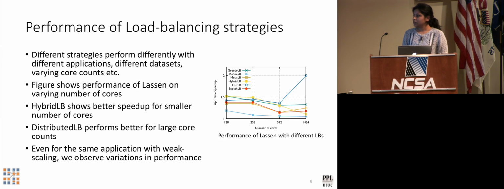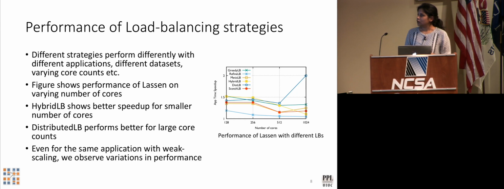Now we use an example to see how different load balancing strategies can affect a single application. Like I mentioned, different applications can require different load balancing strategies, but even a single application can require different load balancing strategies depending on various parameters. This figure shows Lassen, the wave propagation application.